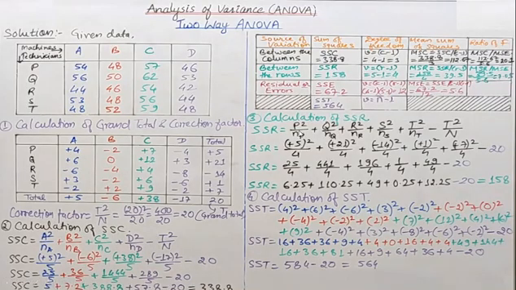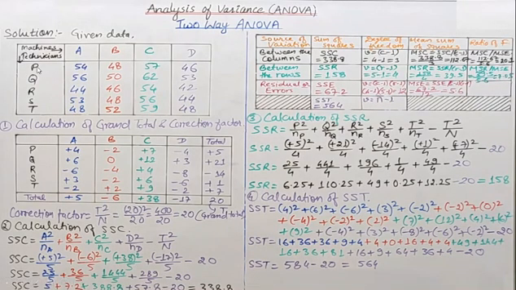The SSR will be equal to P square upon NP plus Q square upon NQ plus R square upon NR plus S square upon NS plus T square upon NT minus T square upon N. Okay, P, Q, R, S, T. When we put the value of P, which is plus 5, the value of P square will be plus 5 whole square upon NP equal to 4.